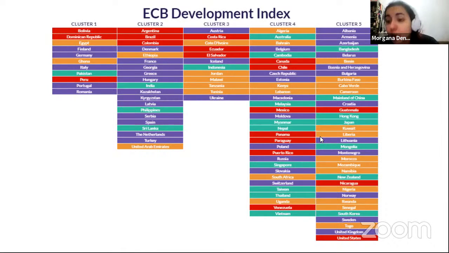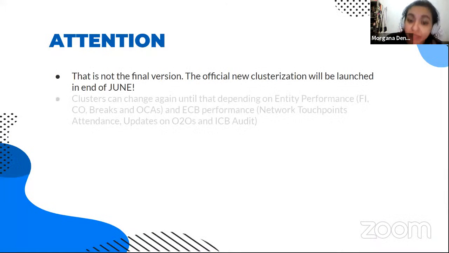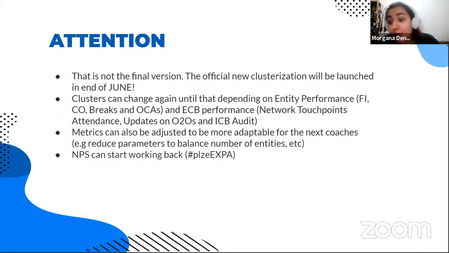So perhaps we're also going to adjust the parameters to have a little bit more balance between the entities, so the cluster coaches don't have too many or too few entities to handle. And of course, the NPS can start working again. If that starts working again, that's going to be a real game changer. So please express all, but please pay attention.